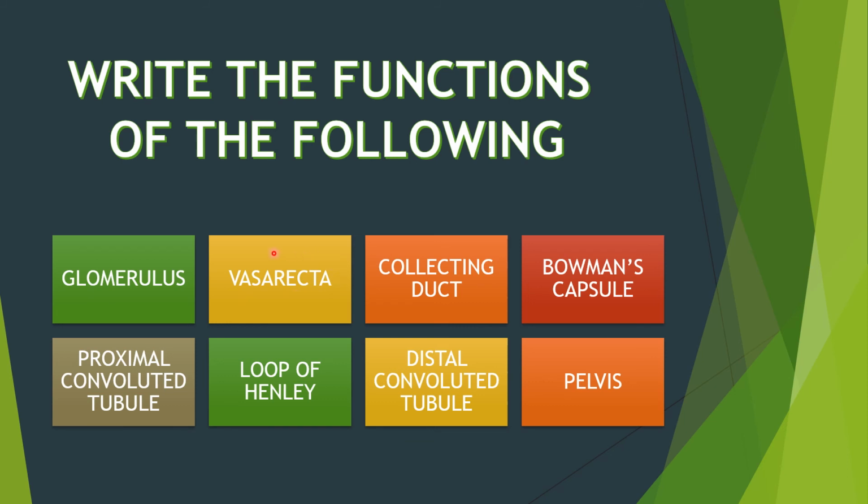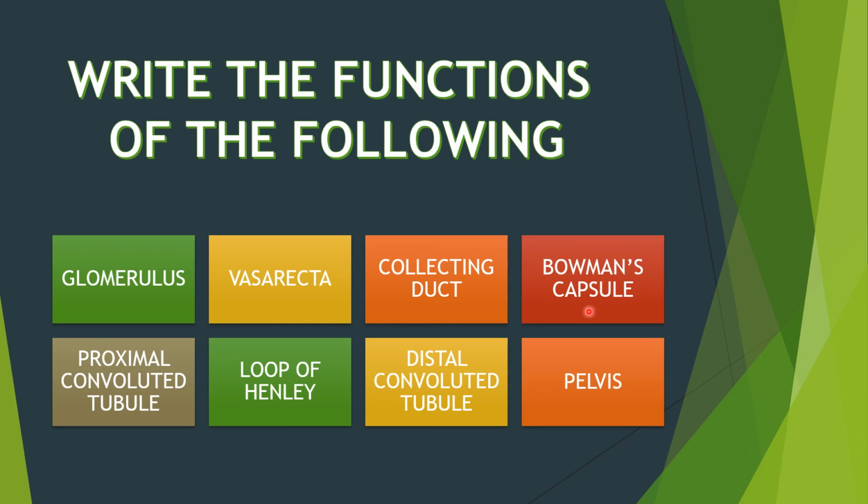Vasa recta reabsorbs useful substances and much water into the blood. Vasa recta is another name for the secondary capillary network. Collecting duct collects urine from the distal convoluted tubule and pours it into the pelvis.